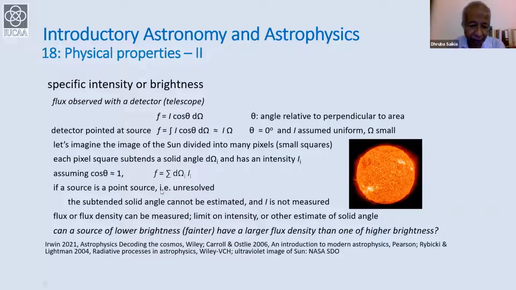If I were to look at this equation over here, I could be much lower, but if the solid angles which I add up are over a much larger area compared to a higher value of I and a lower value of omega, I could get a larger flux density for fainter emission if it's spread out over a larger area. Is that okay? Is that clear?